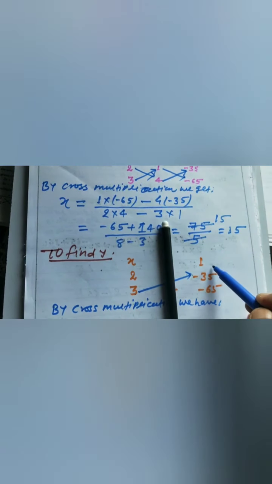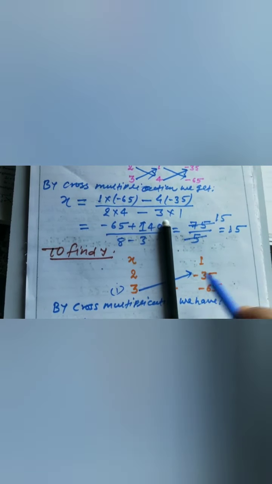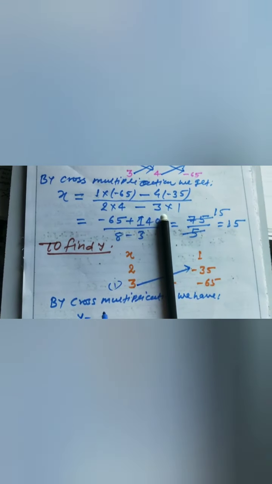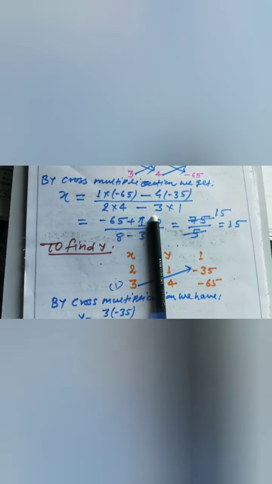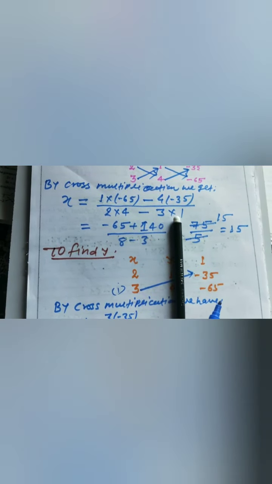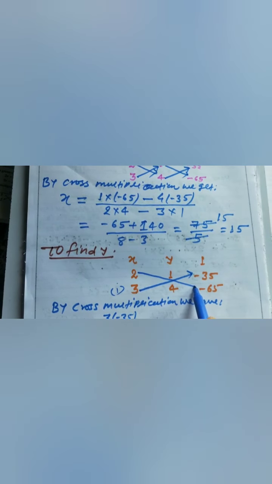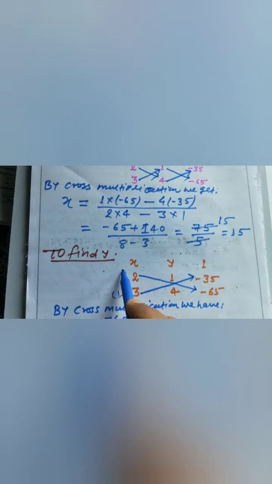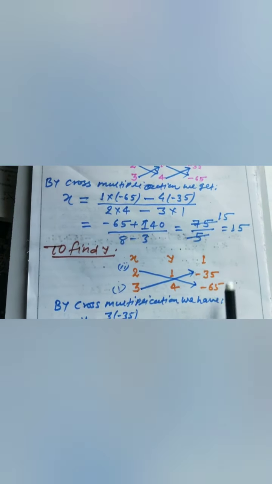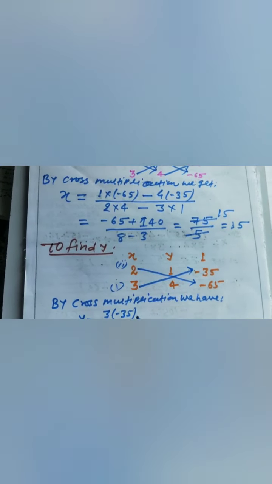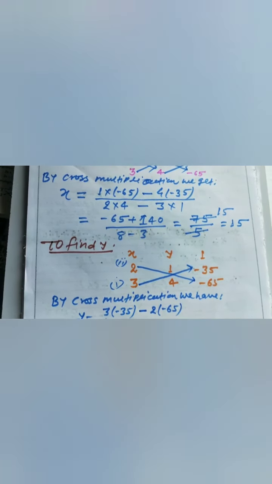First you have to multiply 3 by minus 35. So write here 3 multiplied by minus 35, and then the second time, you have to multiply 2 by minus 65. The minus sign will be there, and 2 multiplied by minus 65.